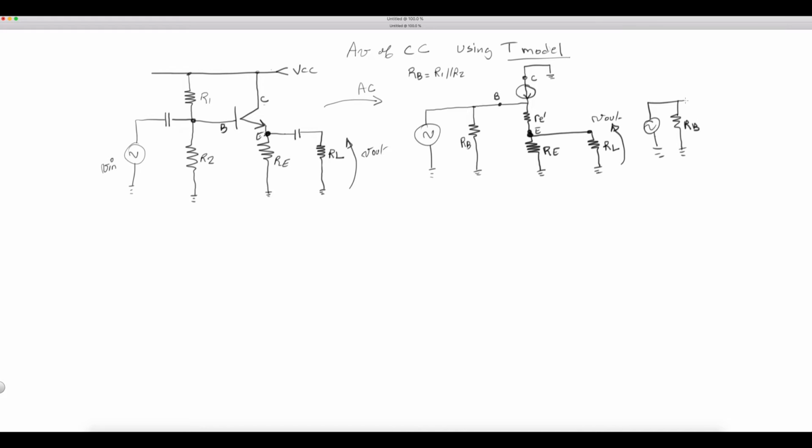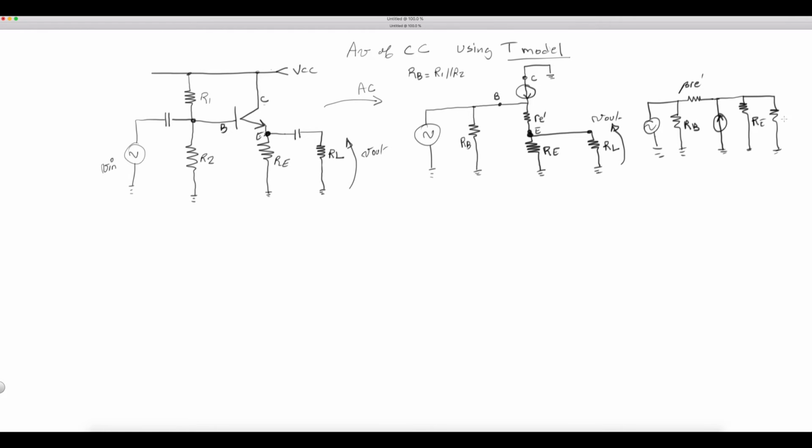And what we will get also is beta RE prime, okay? And then from that point, we can flip the current source down to ground, and it's pointing out this way, and then you would have RE right here and RL right here. That would be the pi model.